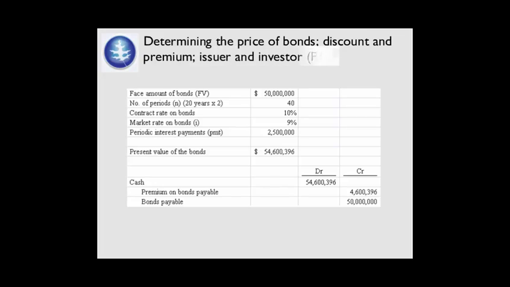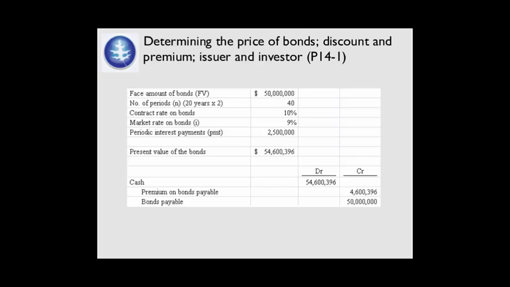Okay, now you see the solution that we just solved previously, where we've calculated the present value of the bonds to be $54,600,000 and spare change when the market rate was at 9%. If you look to the bottom of the image, you'll see the journal entry that we would need to make to record the bond proceeds if indeed they were issued at a market rate of 9%.